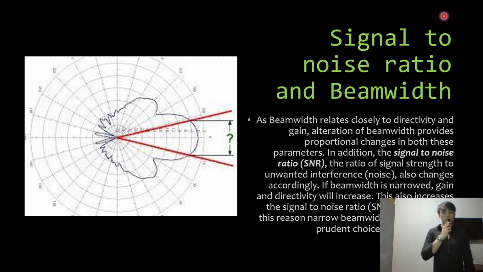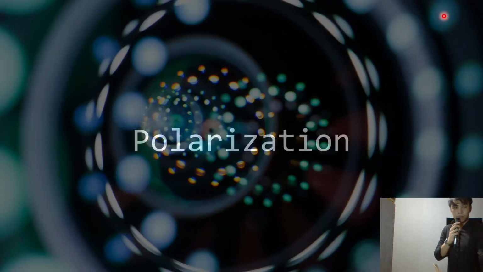So if beam width is narrowed, gain and directivity will increase. This also increases the signal to noise ratio favorably. For this reason, narrow beamwidth antennas are a prudent choice for long distance transmissions.